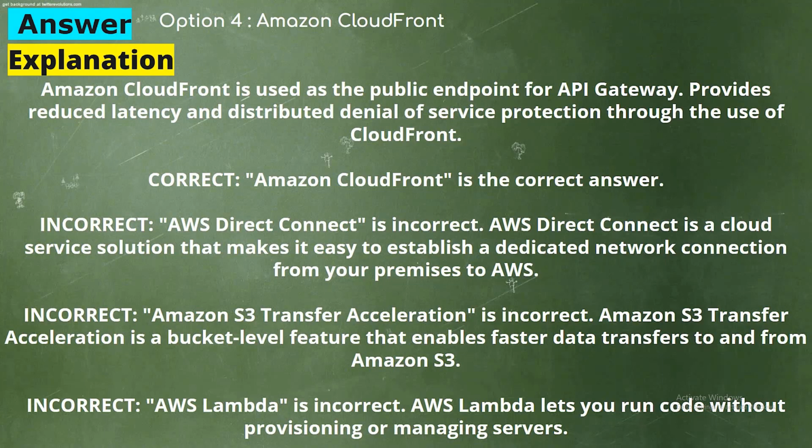AWS Direct Connect is a cloud service solution that makes it easy to establish a dedicated network connection from your premises to AWS. Incorrect, Amazon S3 Transfer Acceleration is incorrect. Amazon S3 Transfer Acceleration is a bucket-level feature that enables faster data transfers to and from Amazon S3. Incorrect, AWS Lambda is incorrect. AWS Lambda lets you run code without provisioning or managing servers.